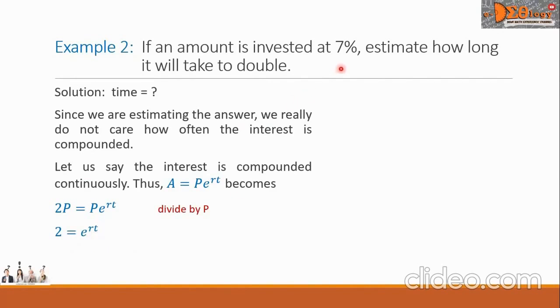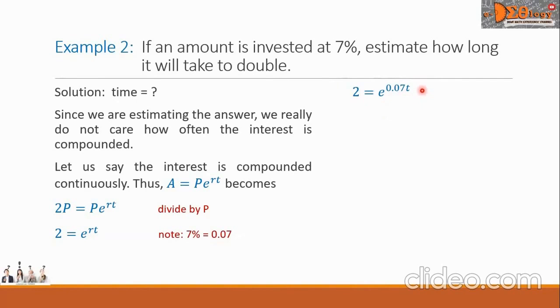In our given here is the rate, which is 7%. And we know that the 7% is equal to 0.07. We can now substitute this decimal for R in our equation. So we can write now 2 equals the constant e raised to the product 0.07 times t. In this case, only the t is the variable.